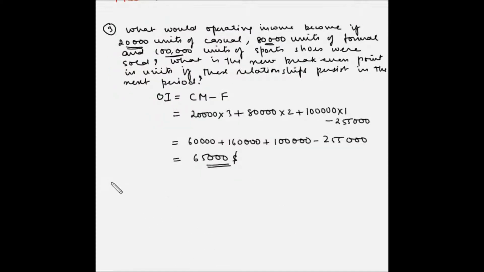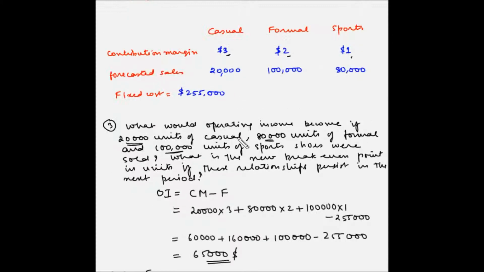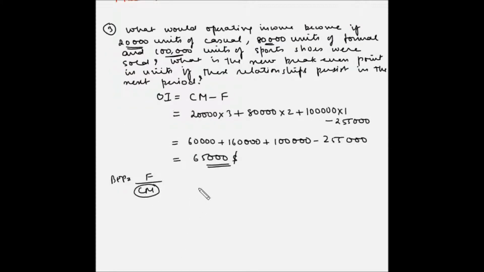Now again, we know that break-even point is equal to the fixed cost divided by the contribution margin, and this is nothing but the weighted average contribution margin because we have multiple products. So let's find out the weighted average contribution margin.